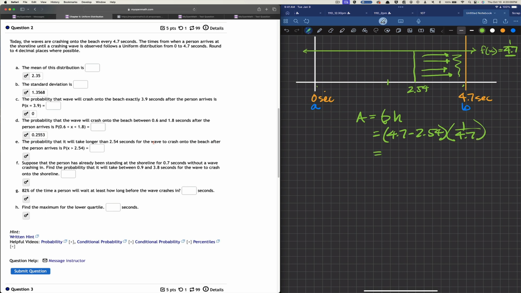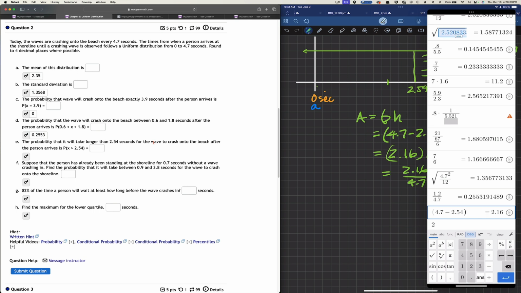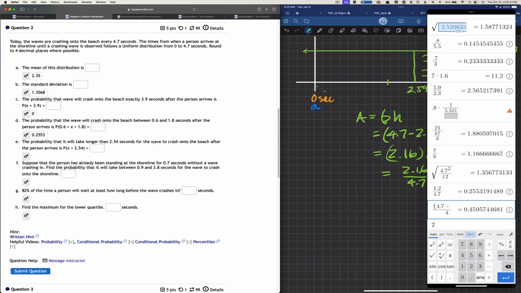And so 4.7 minus 2.54 is 2.16 times 1 over 4.7, which is 2.16 divided by 4.7. I'm going to double check my subtraction. 4.7 minus 2.54 is 2.16. And I'm going to take that 2.16 and divide it by 4.7. And I get 0.45957, which is 0.4596.